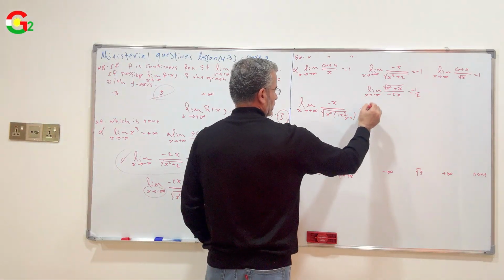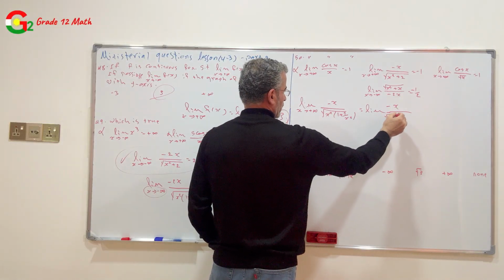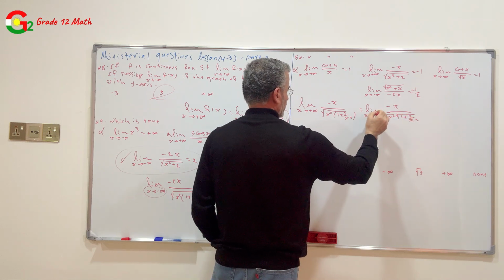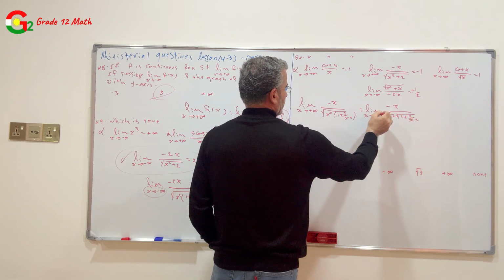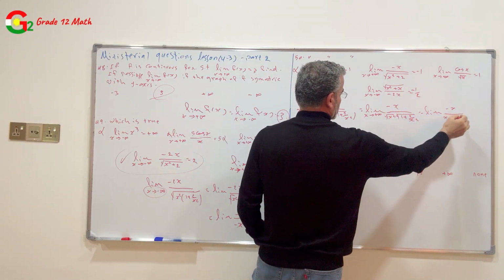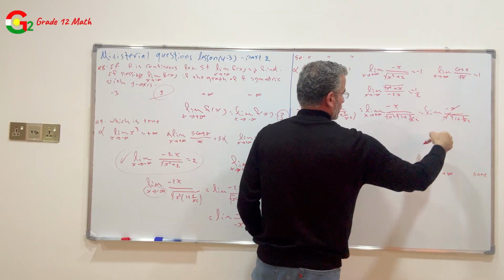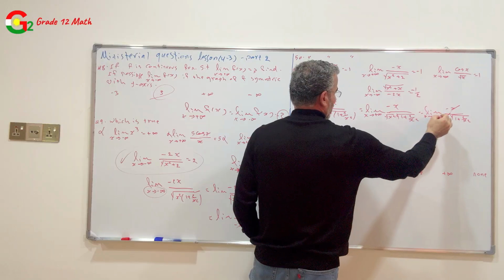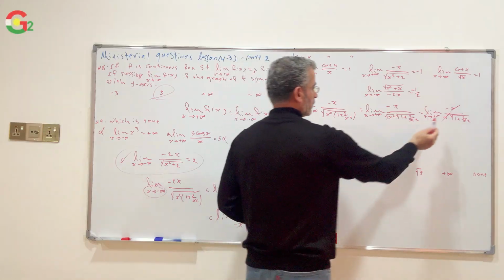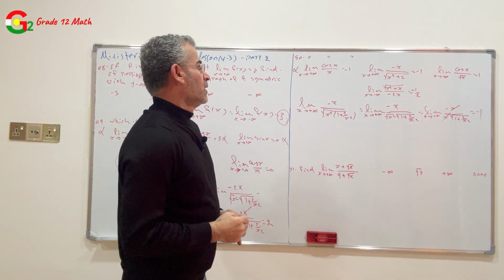Equal to the limit of negative x over square root x power 2 times square root 1 plus 2 over x power 2 when x approaches positive infinity, equal to the limit of negative x over x square root 1 plus 2 over x power 2. Reduce x with x, substitute every x with infinity, 2 over infinity is 0, 1 plus 0, square root of 1 is 1, negative 1 over 1 equals negative 1.